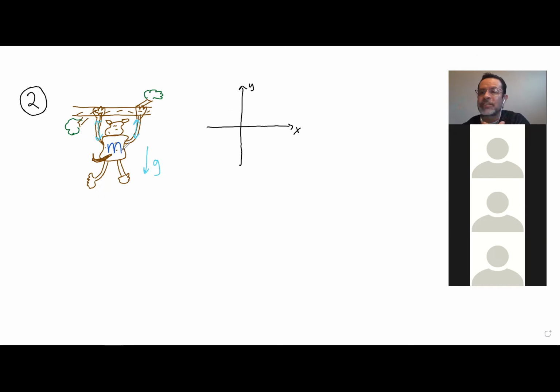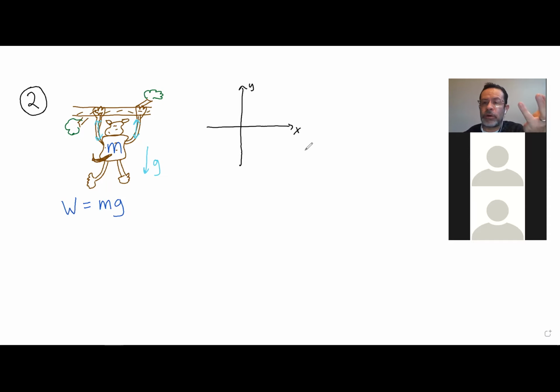A mass is a property that things have, and the mass multiplied by gravity is the weight. So the monkey has a certain weight, and that weight is going to be one of the forces. Enya, please go ahead.